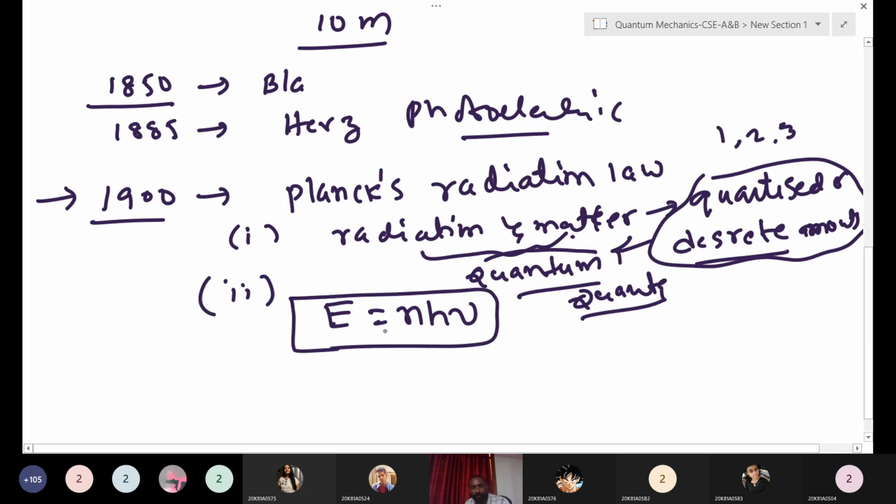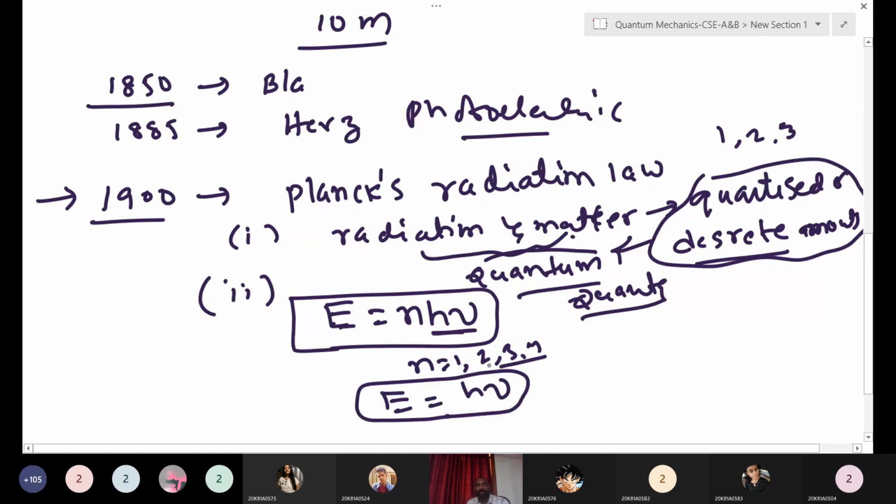This is also a very important postulate. The released or exchanged energy is n h nu, where n is an integer like 1, 2, 3, 4. So what is the smallest energy in this case? The smallest energy is h nu.